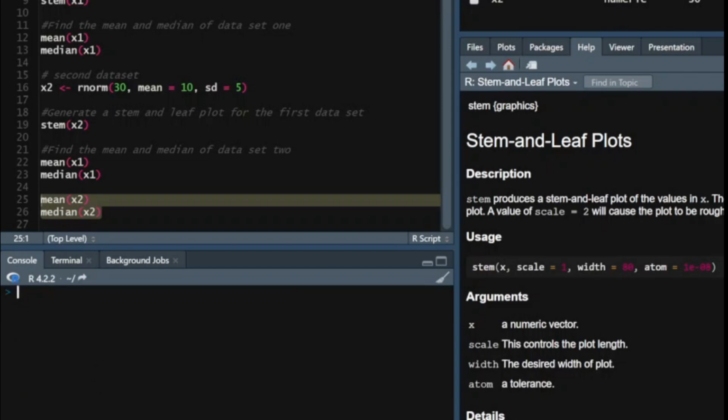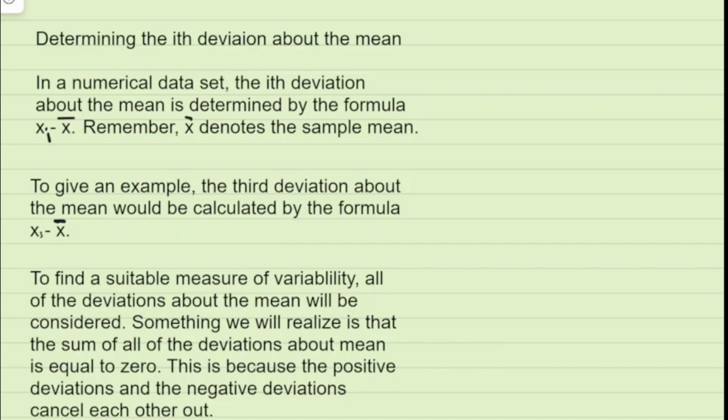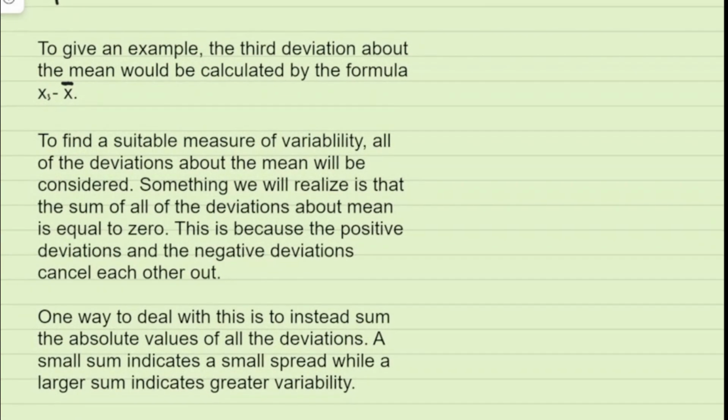So let's hop back over to the whiteboard. Now we're going to talk about determining the ith deviation about the mean. In a numerical data set, the ith deviation about the mean is determined by the formula xi minus x bar, where i represents a specific value in the data set, just the number of an observation.